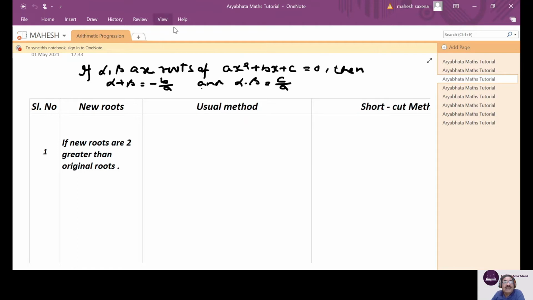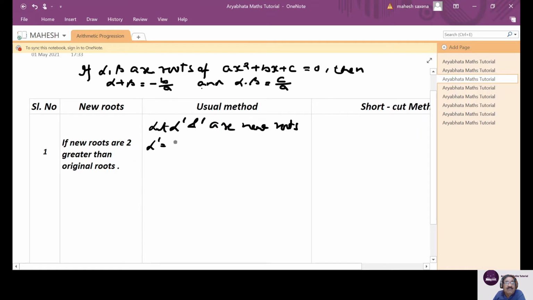Then the usual method is that let alpha dash and beta dash be the new roots. Then alpha dash is equal to alpha plus 2 and beta dash is equal to beta plus 2.